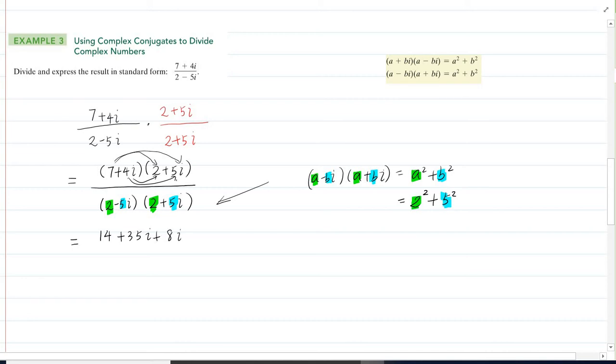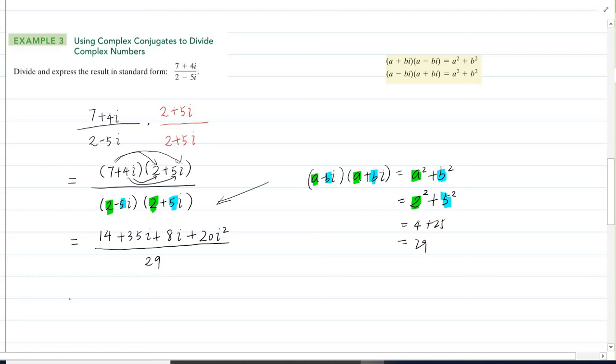And then 4i multiplied by 5i gives you 20i squared. Then over, which we have right here, 2 squared plus 5 squared. In this case, that will be 4 plus 25, which gives us 29. So I'm going to just write it right here. That will be 29. So we already simplified it.